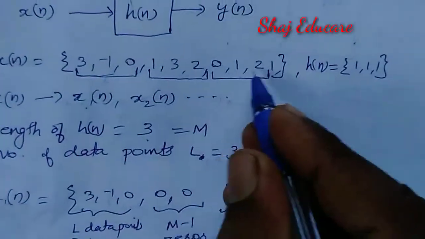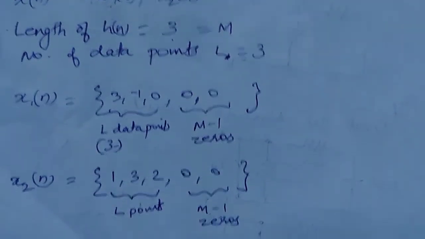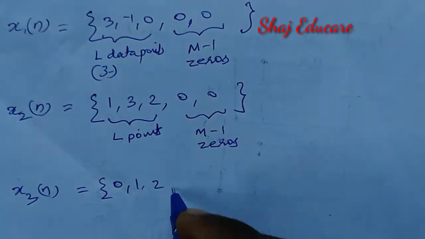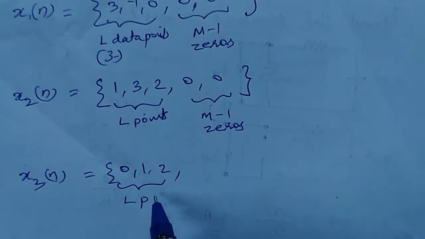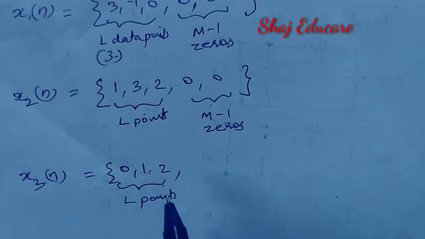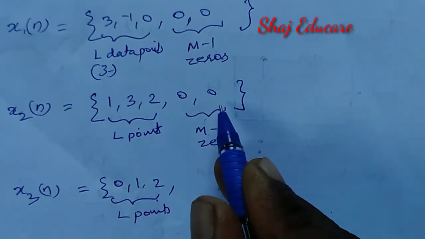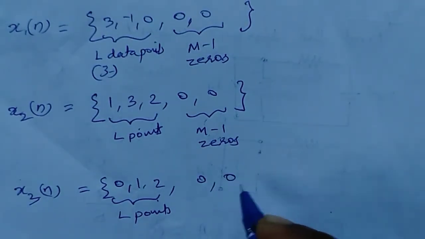The next 3 data points are 0, 1, 2. Again put two zeros.